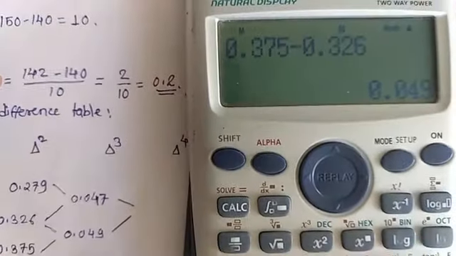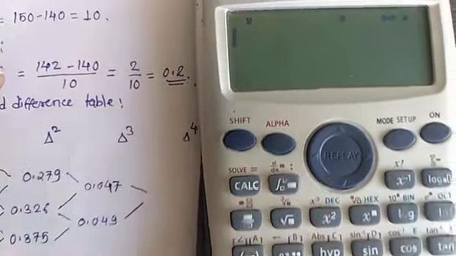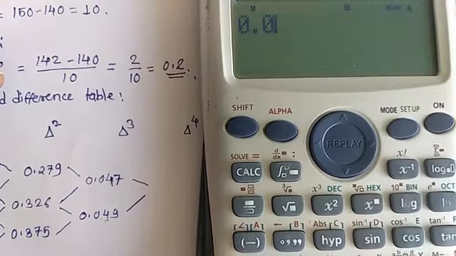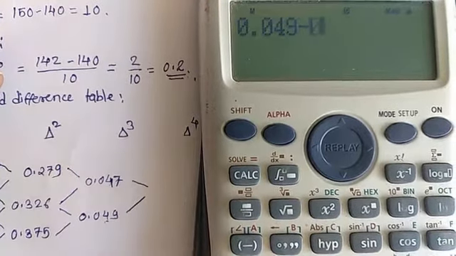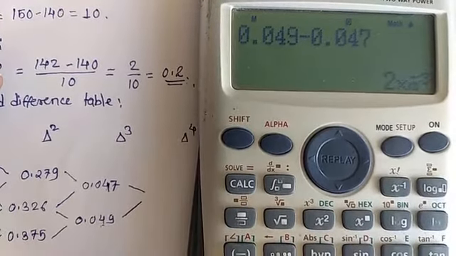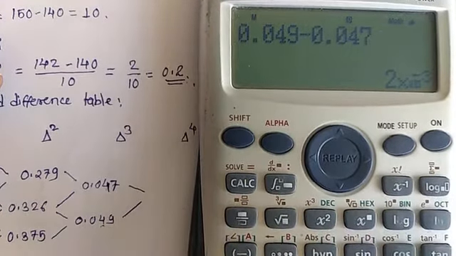Now the last difference will be between these two, 0.049 and 0.047. 0.049 minus 0.047 is equal to 2 into 10 raised to minus 3.